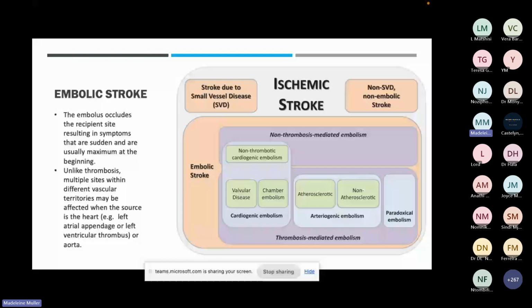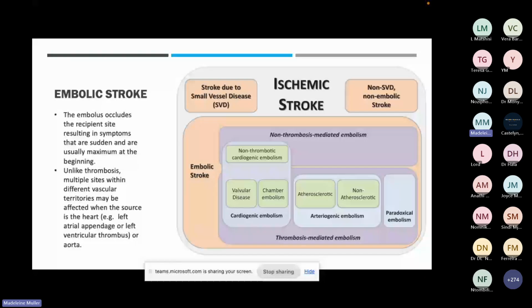Or it can be a paradoxical embolus, which would be an embolus originating from the venous system, in the case of a patient maybe who has a patent foramen ovale. So the embolus occludes the recipient site, resulting in symptoms that are sudden and usually maximal at the beginning. Unlike thrombosis, multiple sites within the different vascular territories may be affected when the source is the heart.